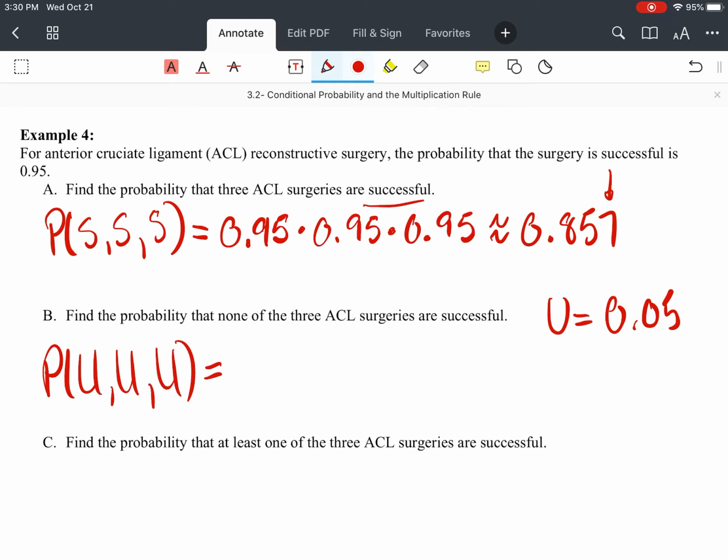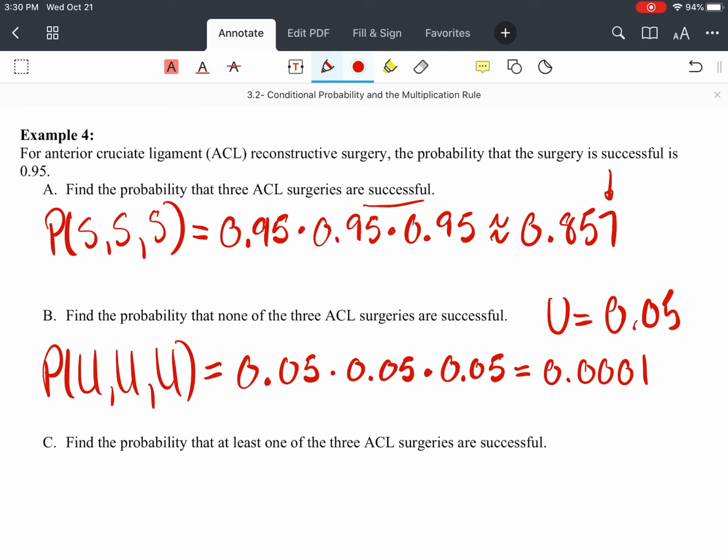Remember, we learned about complements in the last section. And again, these are independent events. So to find the probability, I simply have to multiply the 3 failures together. So 0.05 times 0.05 times 0.05, and we get just about 0.0001.